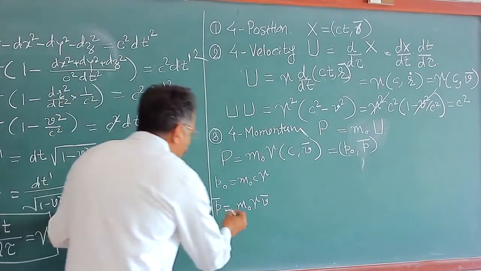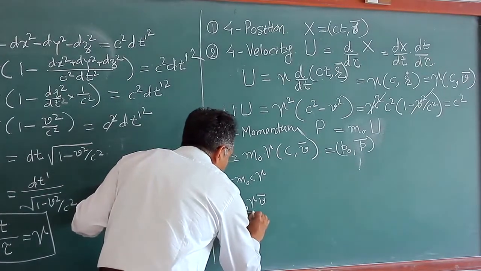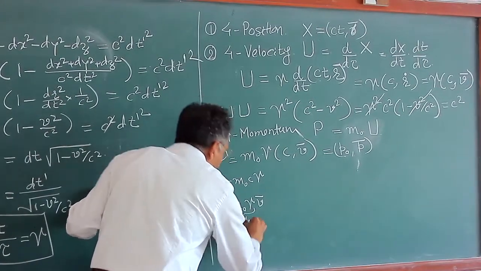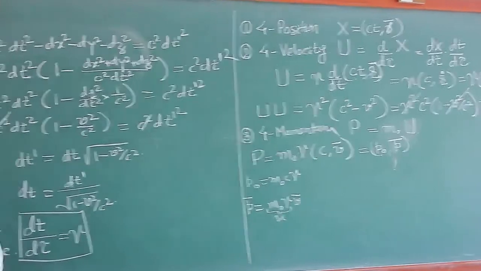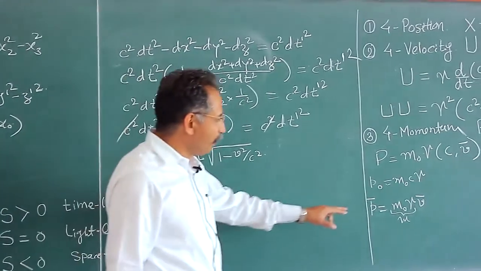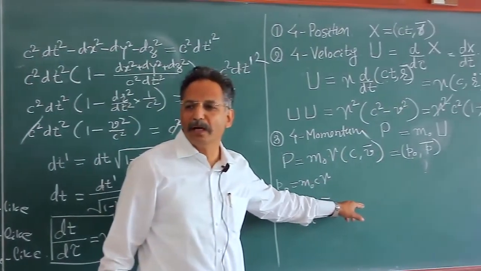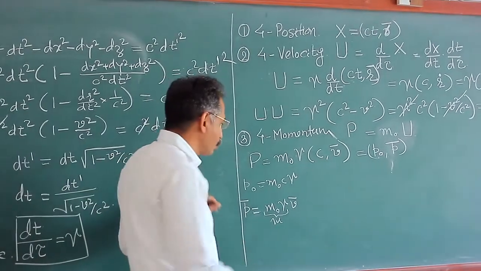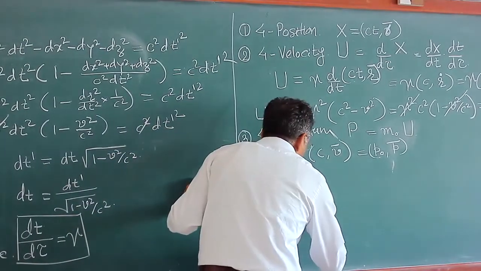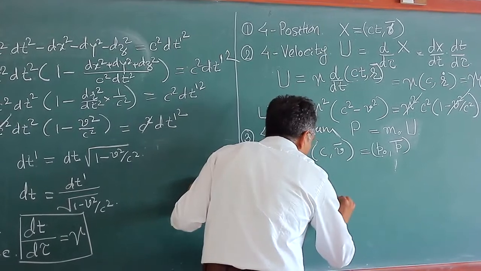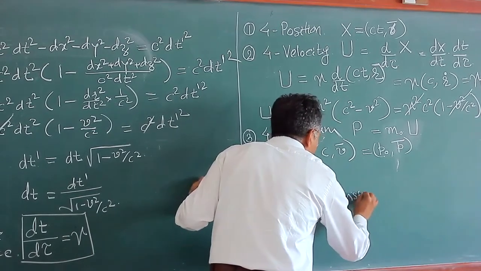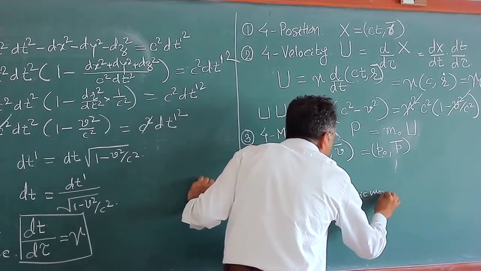So m0 times gamma makes the relativistic mass. Relativistic mass into velocity leads to relativistic momentum. So this is nothing but the relativistic momentum.